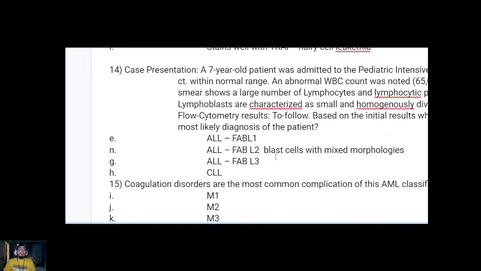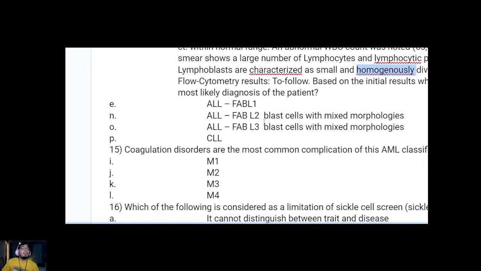Okay? Both of these two, mixed morphologies. So the only thing that indicated that this one is FAB L3 is the homogeneously diverse morphology. Okay? If it wasn't for that one, we would have said it was FAB L1 or L2.